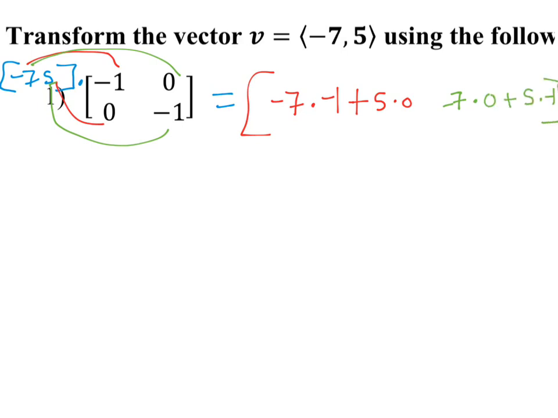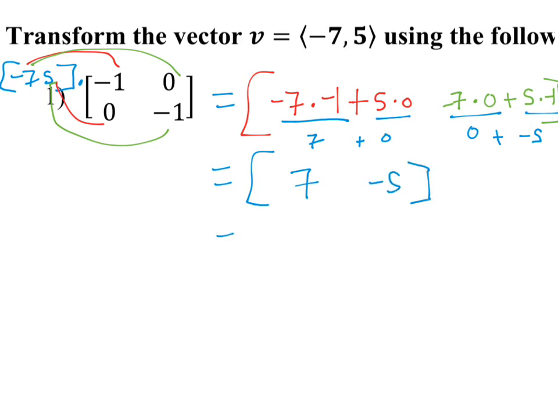And we're going to simplify this matrix here. -7 times -1 is 7, 5 times 0 is 0, so we get 7. Then -7 times 0 is 0, and 5 times -1 is -5, and we add those together to make -5. So now we have this matrix, which turns into this vector here.